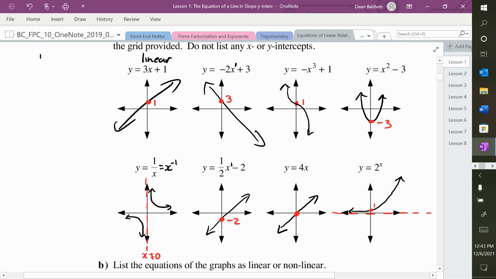Okay, it is a constant, that is true. But is it the x or the y-intercept? That's the y-intercept, right? 1, 3, 1, -3. What's your y-intercept here? 0, -2, and that one is that one. All right, so what do all these numbers correspond to in the equation?